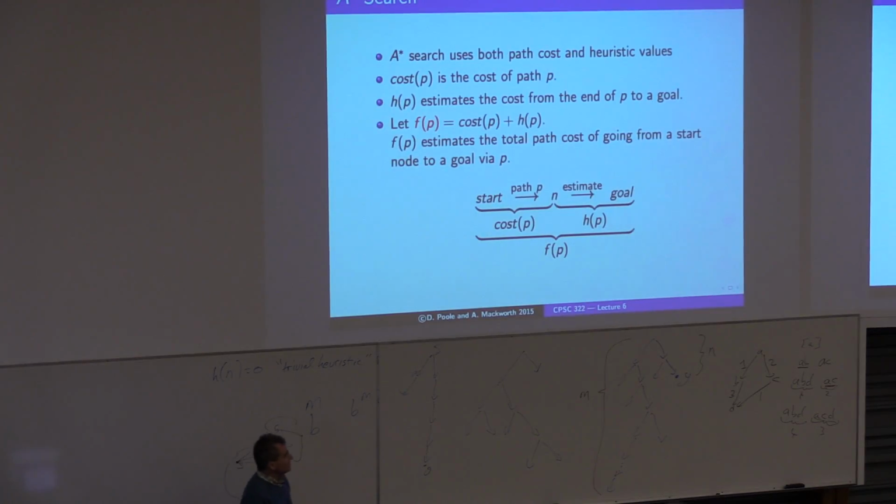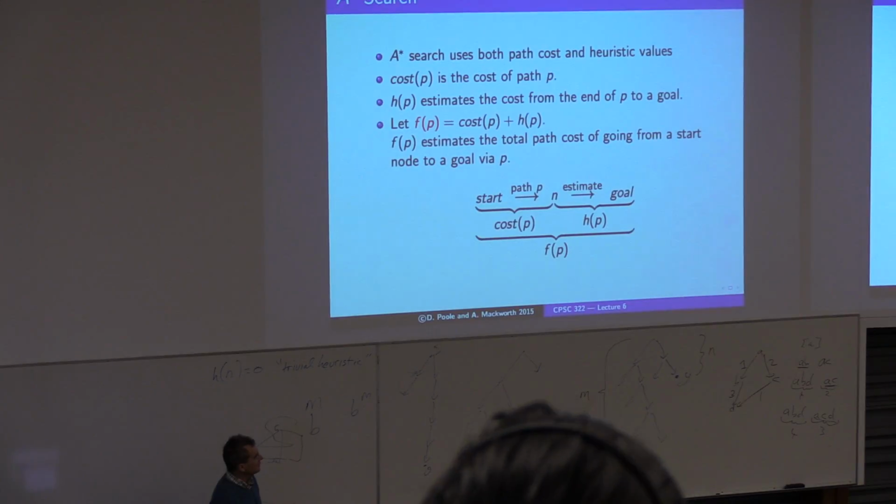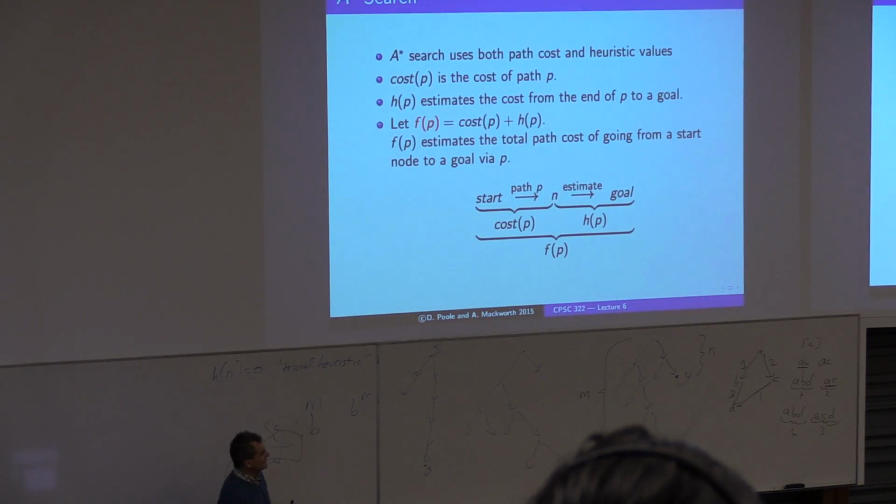So let's move on from that. The one that we mainly want to talk about is A star search. It uses both the path cost and the heuristic values. Remember, cost of p is the cost of a path p, and h of p estimates the cost from the end of the path p to a goal.